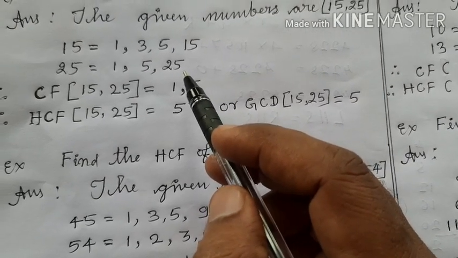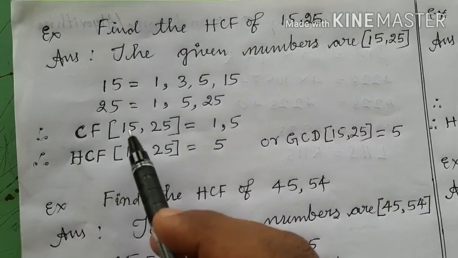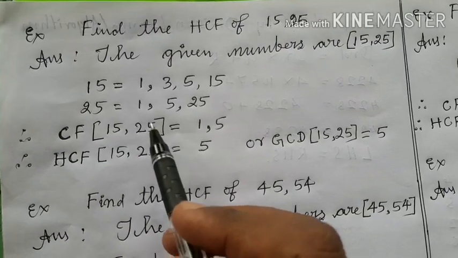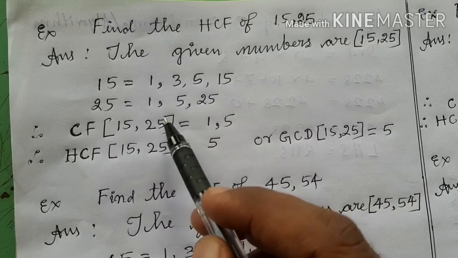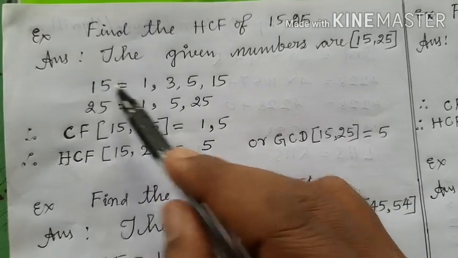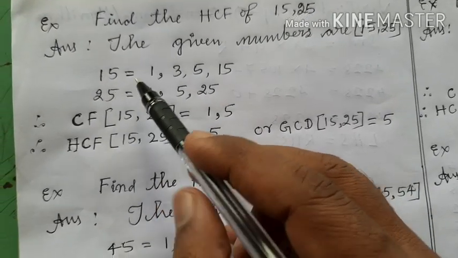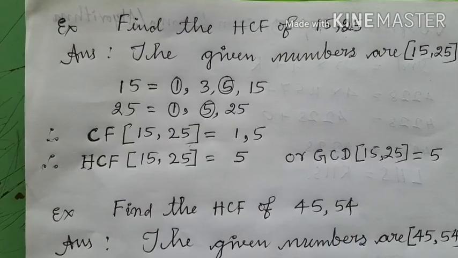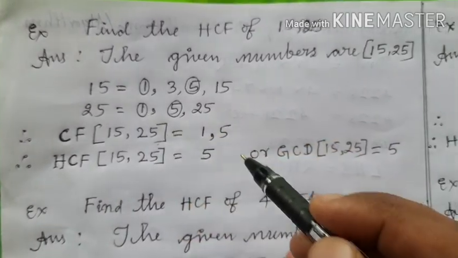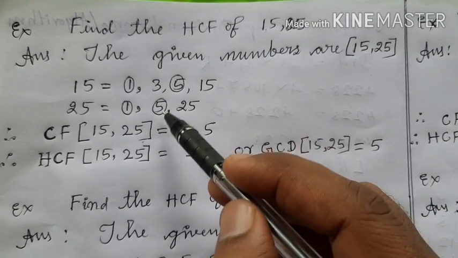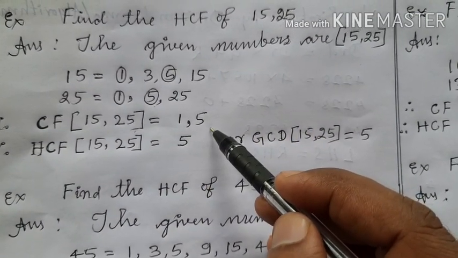Now what we should do is take the common factors of 15 and 25. What do you mean by common factor of 15 and 25? The numbers which divide 15 also and 25 also. See here, 1 is common and here 5 and 5 are common.